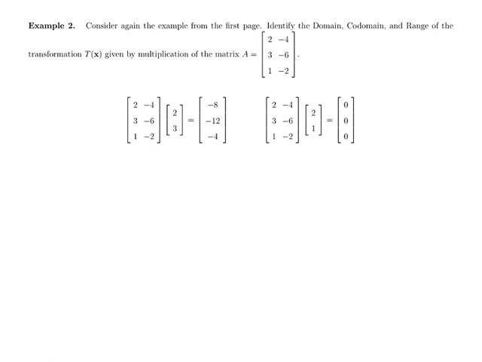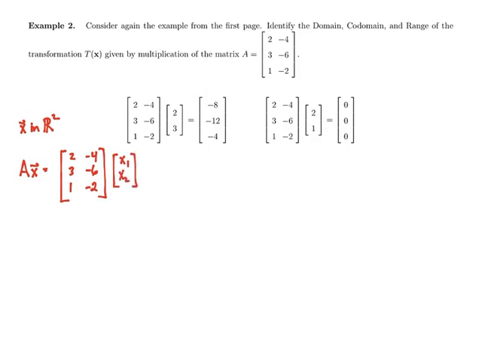Well, the first thing to notice is that we're going to be taking A and multiplying it by vectors x, and x is going to be a vector in R2, 2 entries. So when we say Ax, we're going to be talking about the matrix 2, 3, 1, -4, -6, -2, times a vector x1, x2.